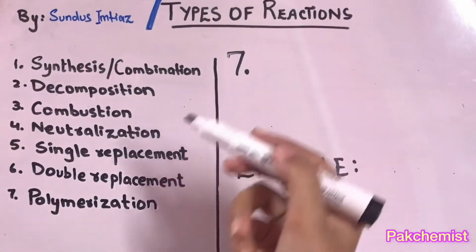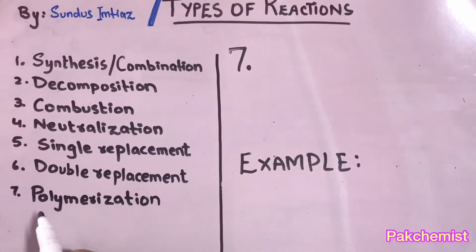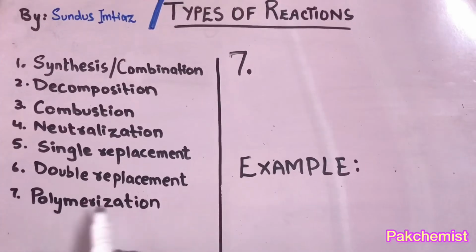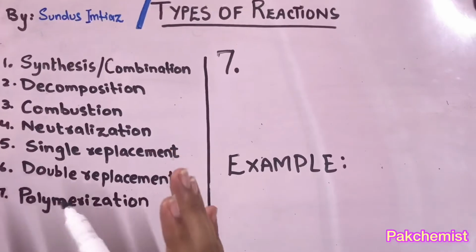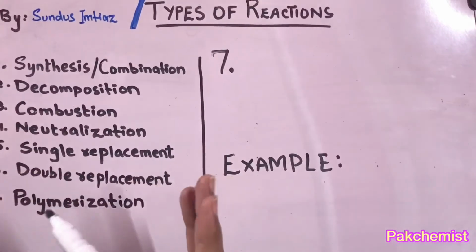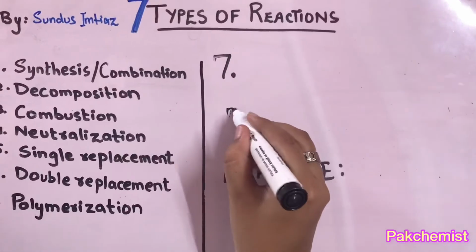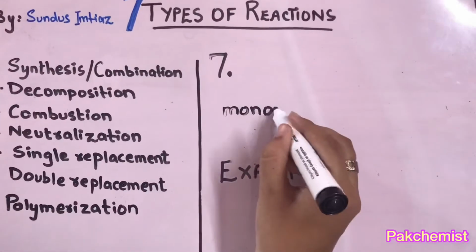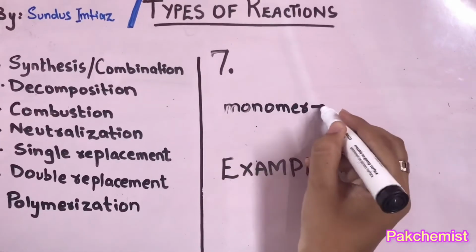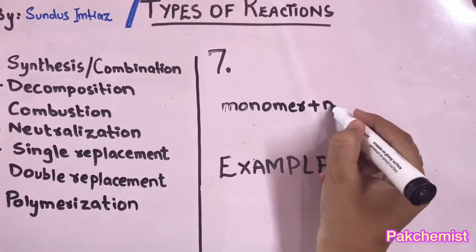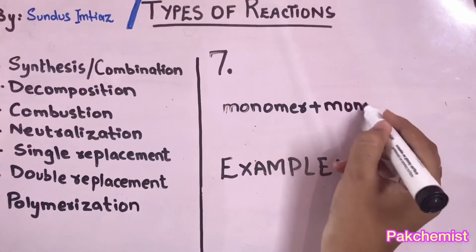Now the seventh reaction is a polymerization reaction. The poly means many and the mers means units. So many units, many monomers will combine together and form a polymer. For example, this is a monomer plus we combine more monomers with each other.